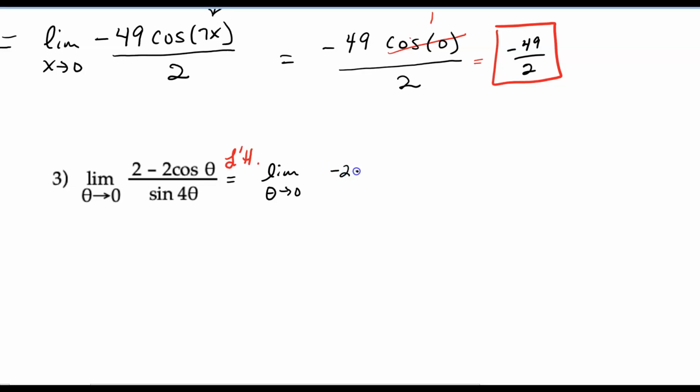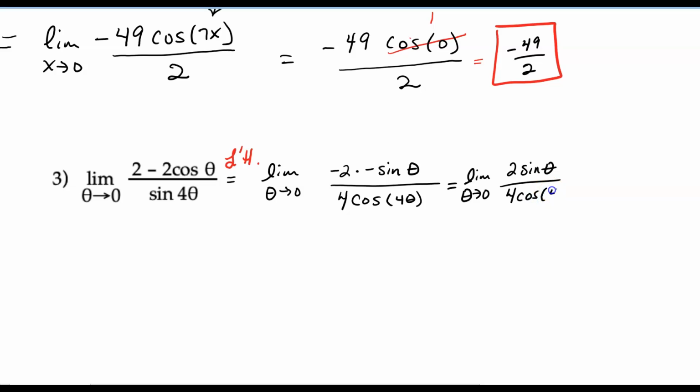So we have -2 times negative sine of theta, divided by, and the derivative of sine is cosine, so cosine of 4 theta times 4, by the chain rule. So we end up with the limit as theta approaches 0, it becomes +2 sine theta divided by 4 cosine of 4 theta.